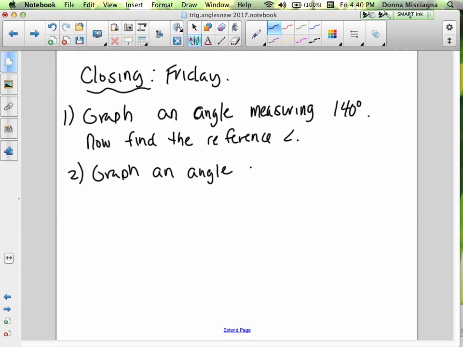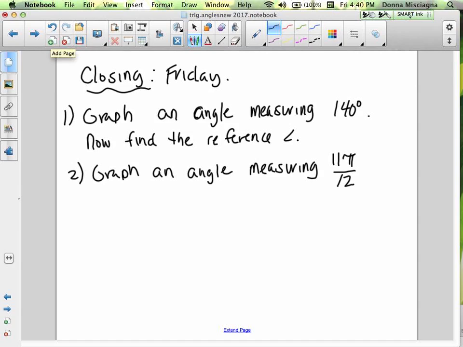Graph an angle measuring, but I don't want to make it too tough for you. I'll do it in 12ths. Well, 12 has a lot of things that divide evenly into it.